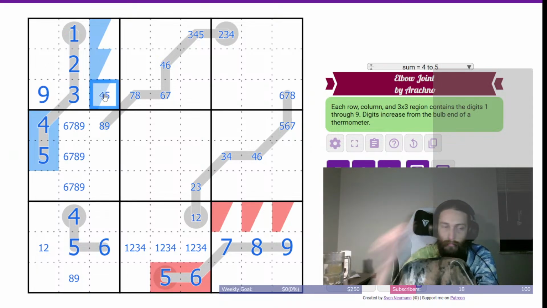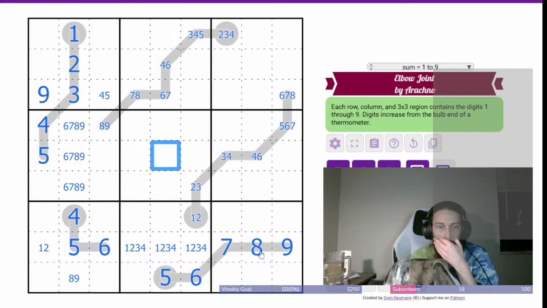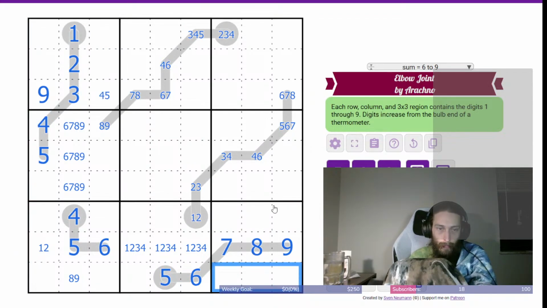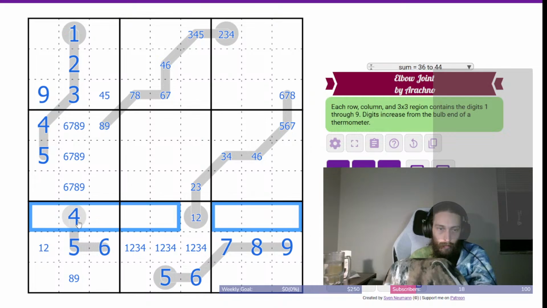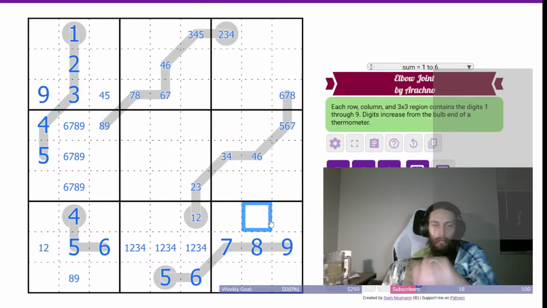I don't know if I need the rest of that. Okay, so this isn't useful in this row.